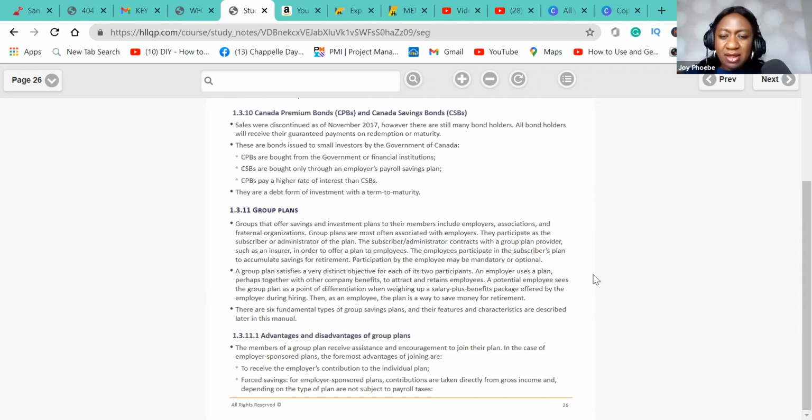Groups that offer savings and investment plans to their members include employers, associations, and fraternity organizations. Okay, those are group plans, and I want you to look at it like group benefits, right? So the same way, there are group plans that offer investment options to their group members.